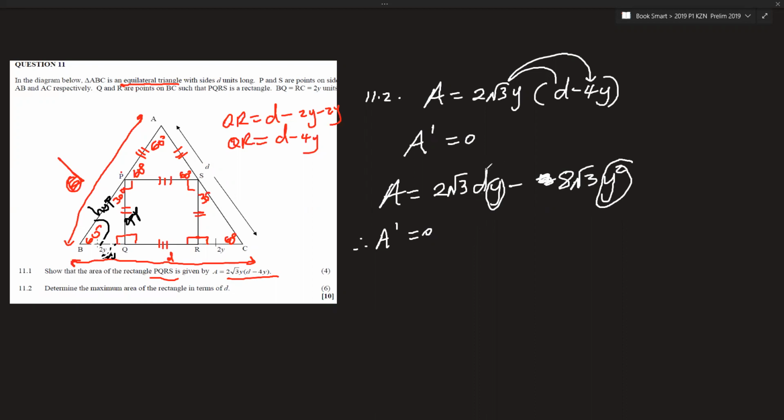The D was going to disappear, and then you'll just get the y value that gives you the maximum. Makes sense? So now, here I'm going to derive with respect to y.